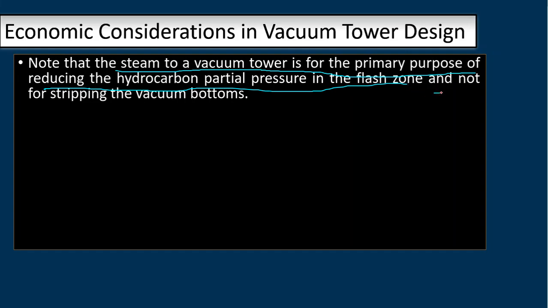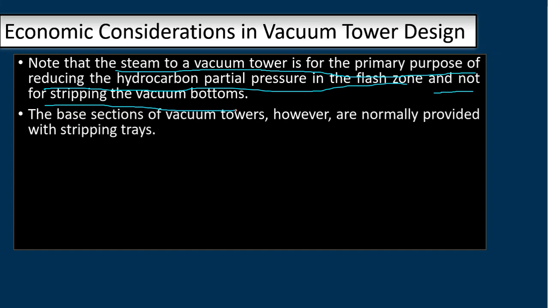But at the same time there is one secondary application, and that is the stripping of the bottom residue. But that is not the main purpose. For that we need to put stripping trays at the bottom section. So this is the story of the bottom steam.